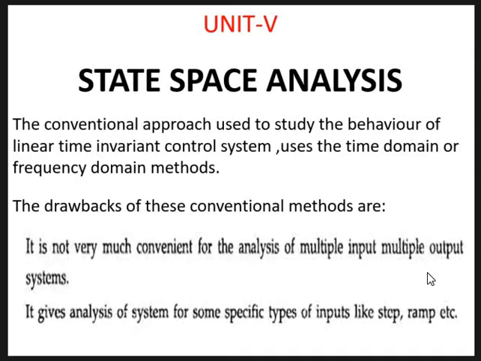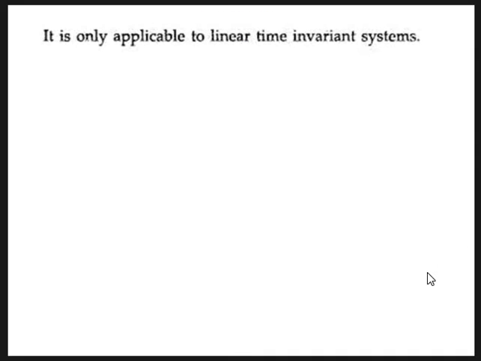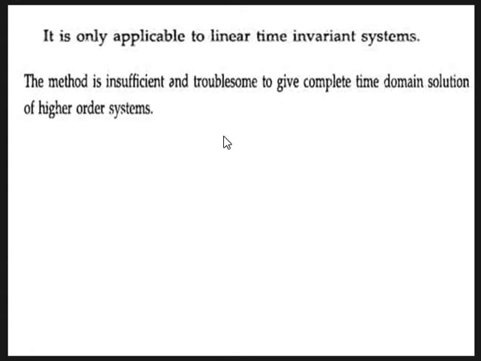The next drawback is that it is only applicable to linear time invariant systems. If the system is a linear time variant system, the previous methods are not suitable. The methods are also insufficient and troublesome to give a complete time domain solution of higher order systems.